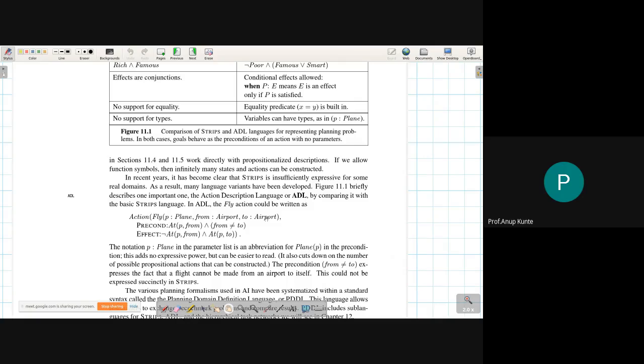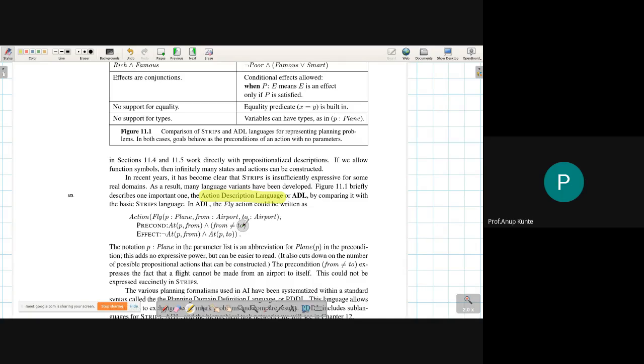Okay, ADL is not there in your syllabus, so don't worry about what it means, how it is written, and whether I will be required to write things in ADL. Okay, so the full form of ADL is action description language. So we describe actions. Just for your information, the precondition here is that P should be at from, and from should be different from to, then I can fly from from to to.